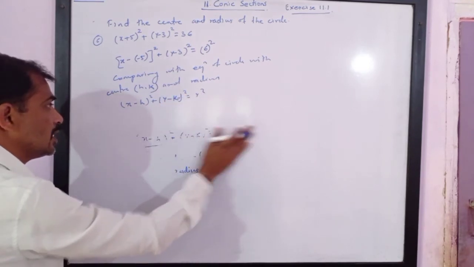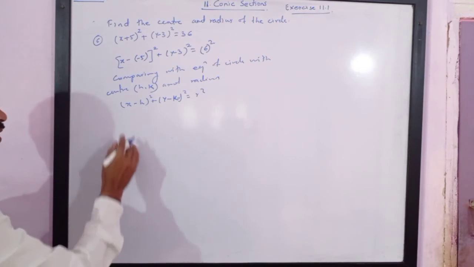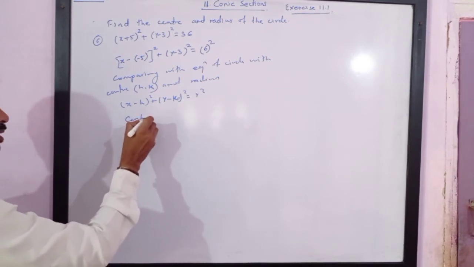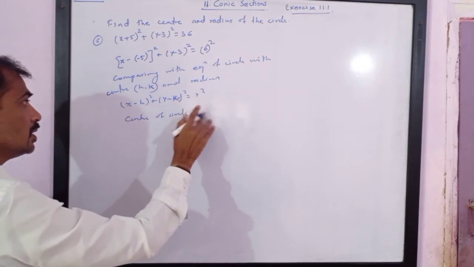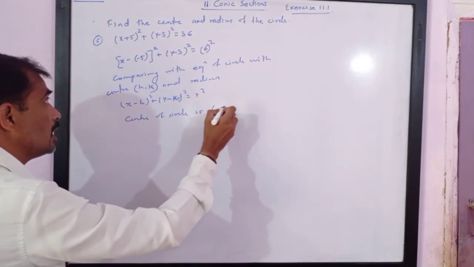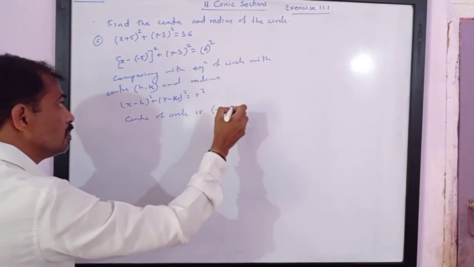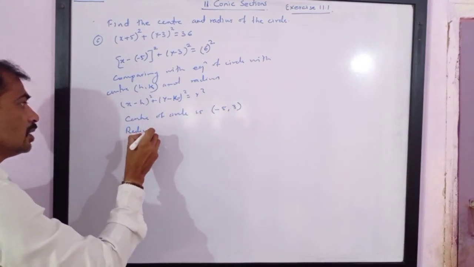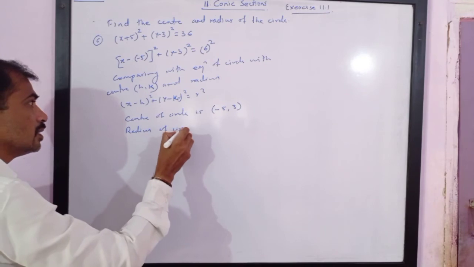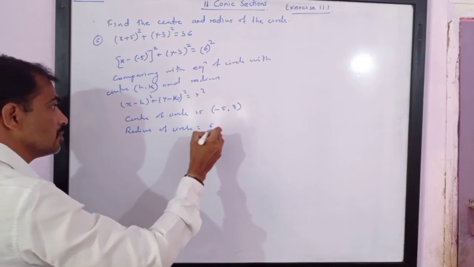We get center of circle is equal to (−5, 3), and radius of circle is 6.